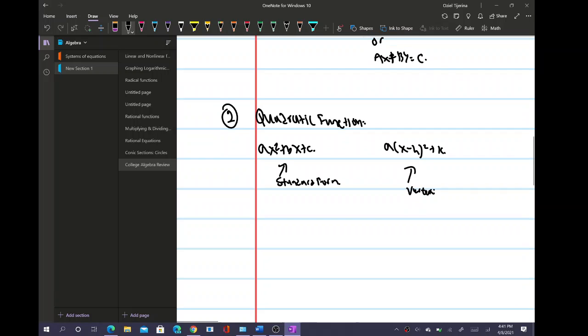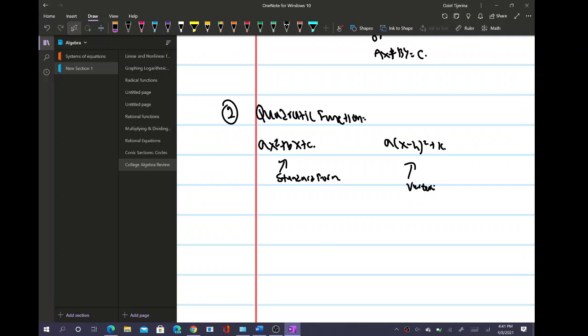Now, there are two things that you want to notice with this one. The axis of symmetry is x equals h, and then the vertex is (h, k), right?